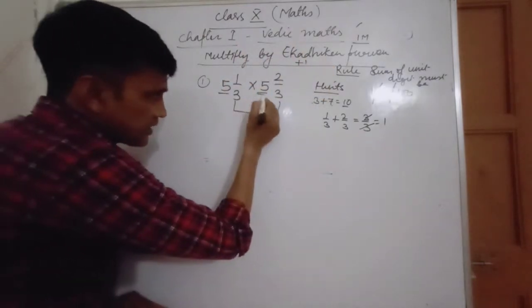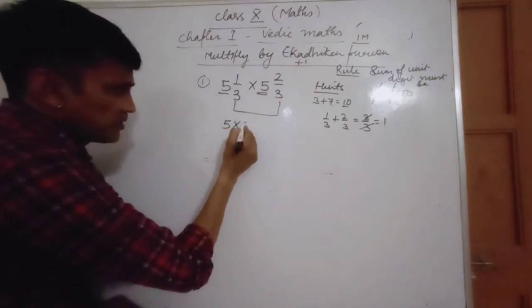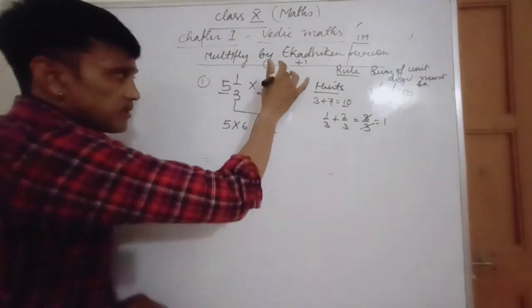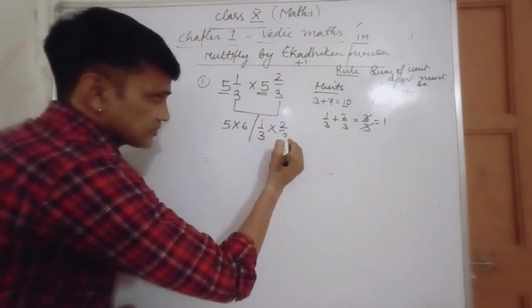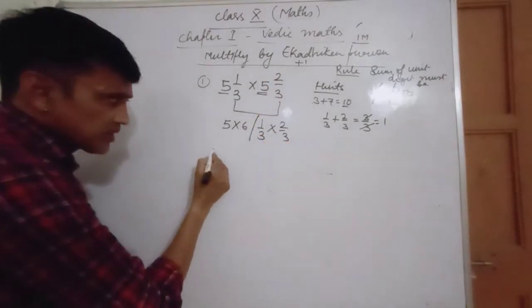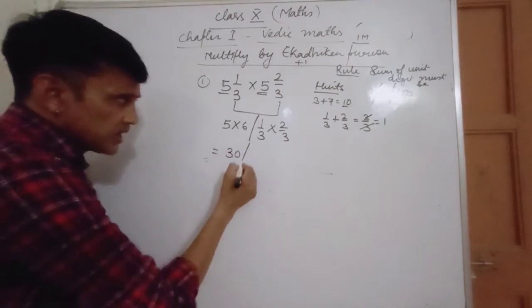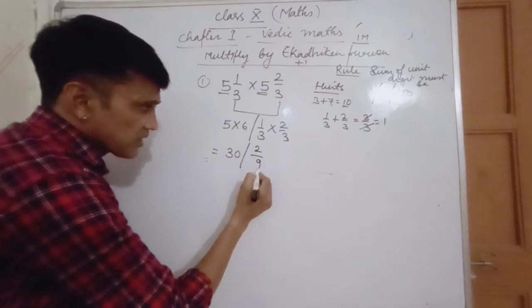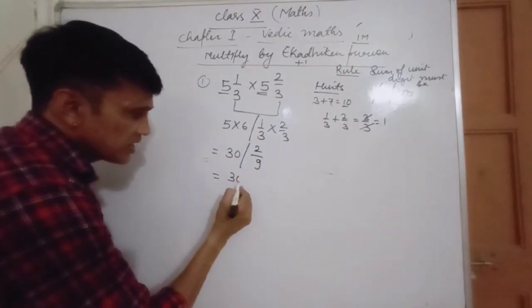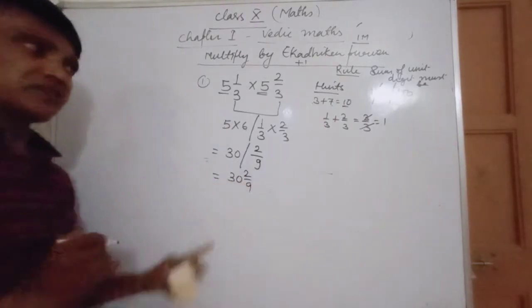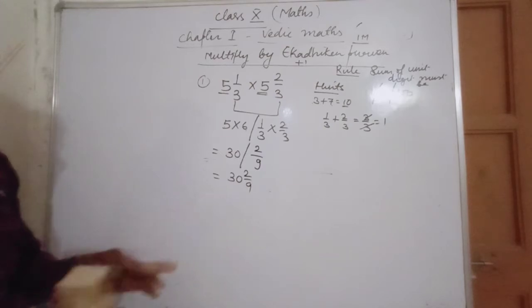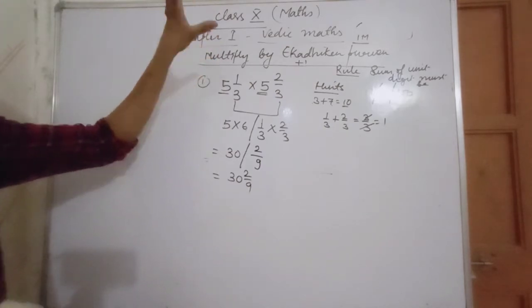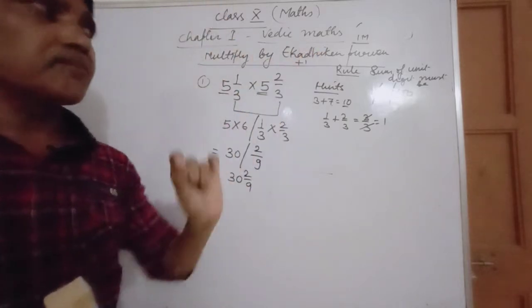Means 5 into 6, dash, 1 upon 3 multiplied by 2 upon 3. 6 5s are 30, dash, 2 1s are 2, 3 3s are 9. The answer is 30 and 2 upon 9. By these tricks in Vedic mathematics you have to apply the एकाधिकेन पूर्वेण.